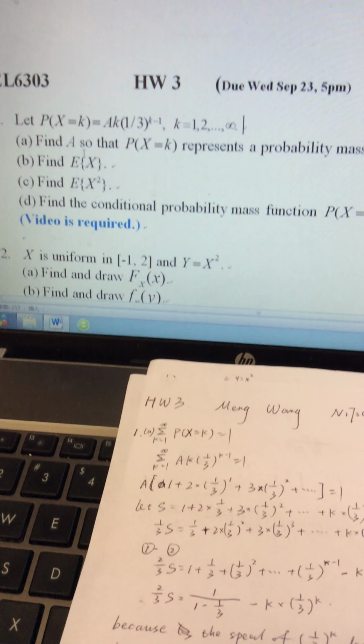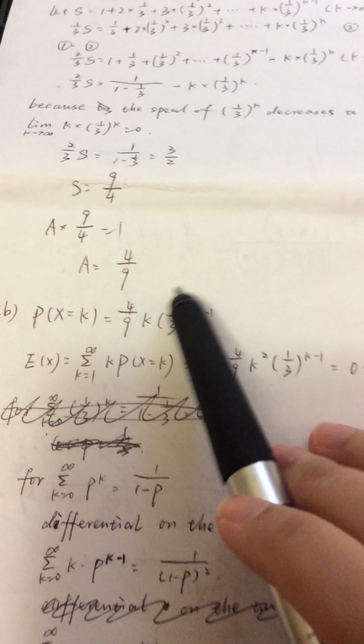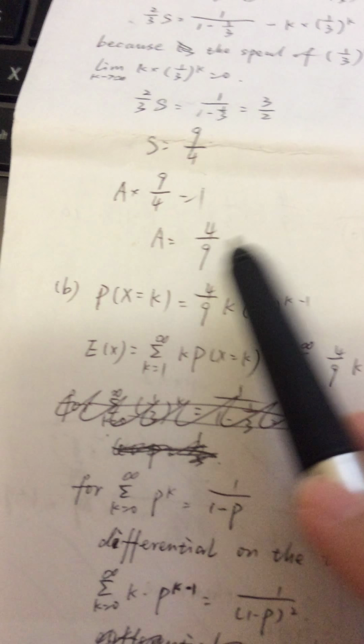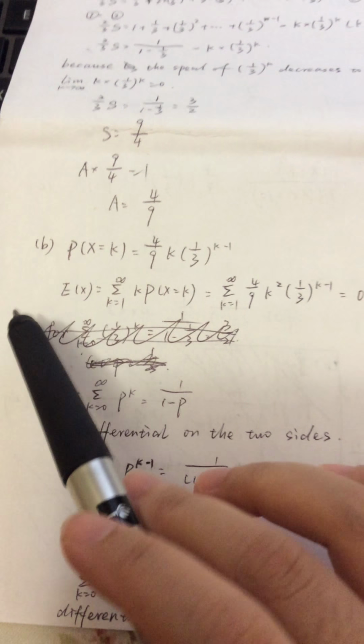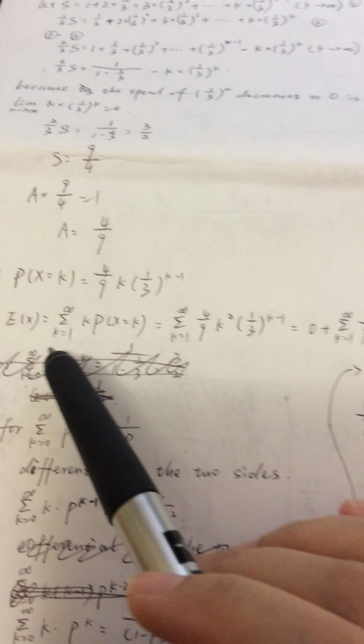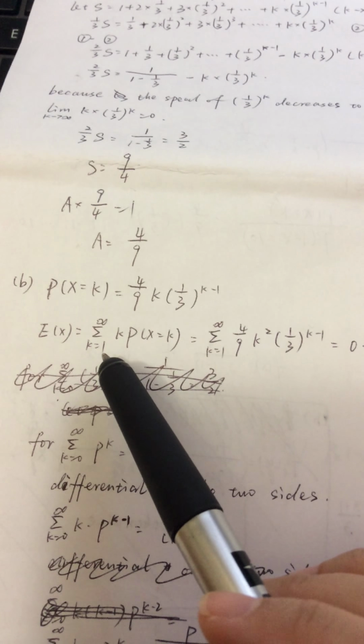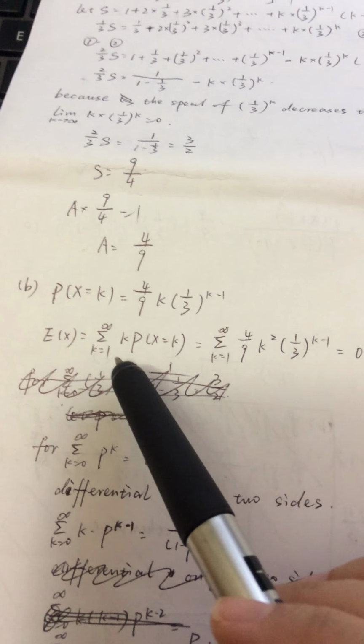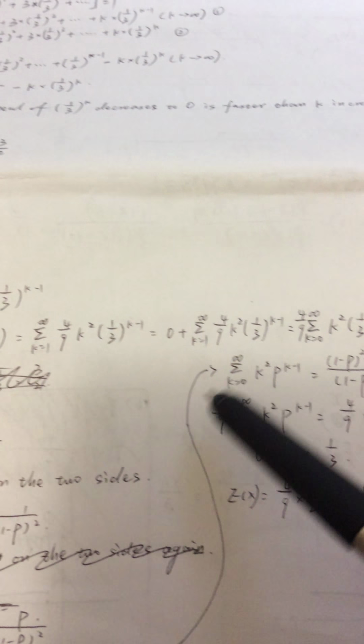The second sub-question is to find the expectation of x. Now we have the value of a, so we apply this value to it. The expectation of x is k times the probability x equals k, starting from k is 1 to infinity.